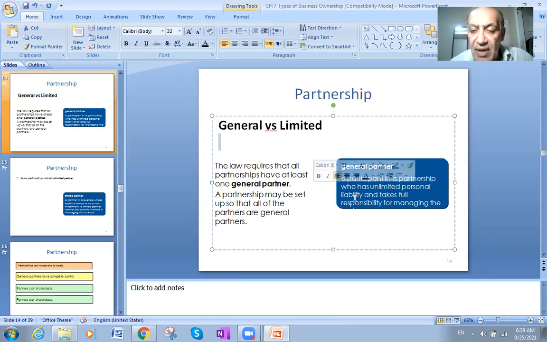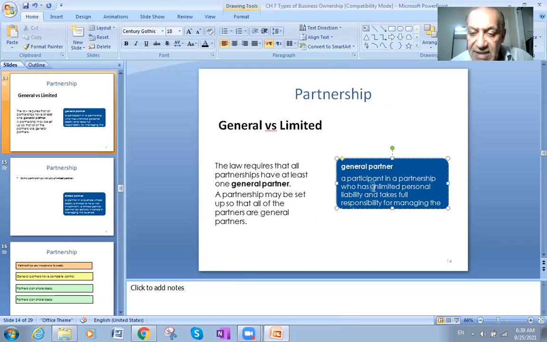A general partner is a participant in a partnership who has unlimited personal liability. He has unlimited personal liability, exactly like the sole proprietorship. He has unlimited liability and takes full responsibility for managing. So he's the manager.